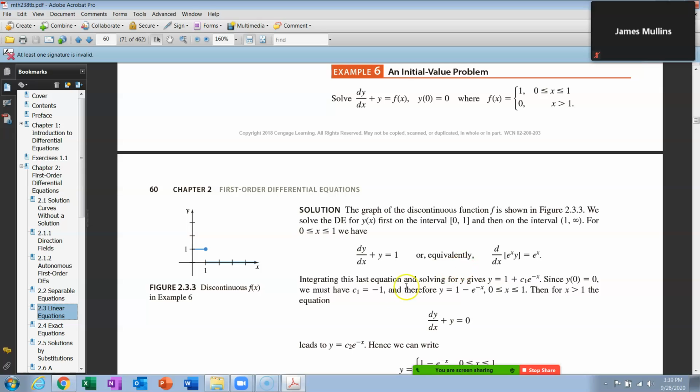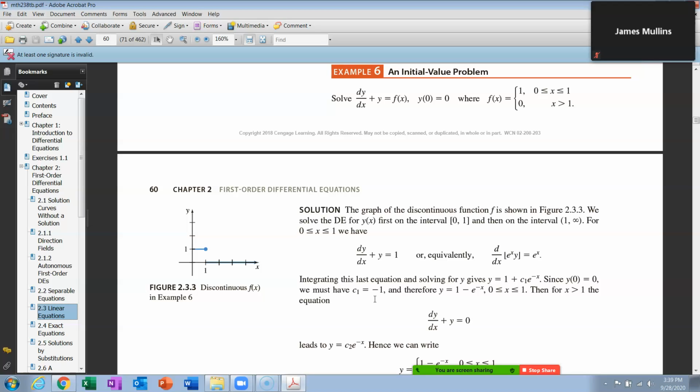Okay, integrating that last equation gives you y is equal to 1 plus c1 e to the minus x, and since y of 0 is 0, in other words, x is equal to 0, y is equal to 0, that makes c1 equal minus 1. Yeah, we got that. Therefore, y is equal to 1 minus e to the minus x.